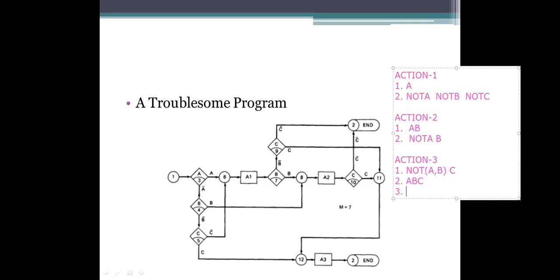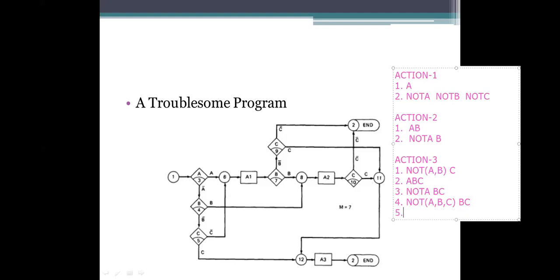And then the third one here is not A, B, C. Next, the fourth one, not of A, B, C. After reaching that, we are using B and C. That is the one.